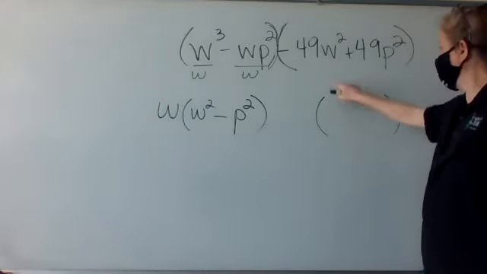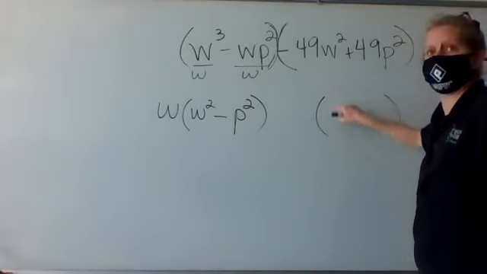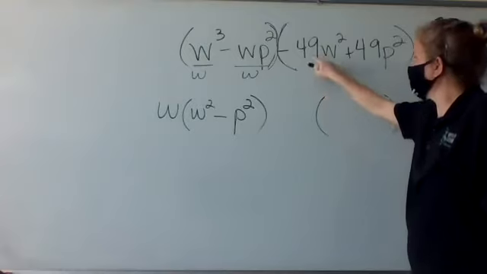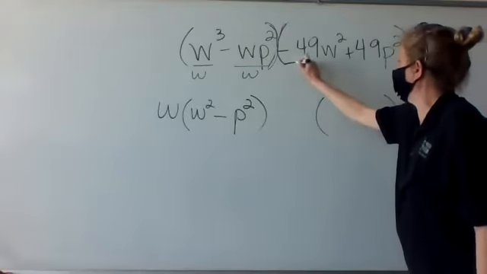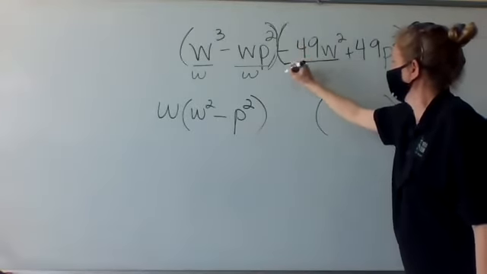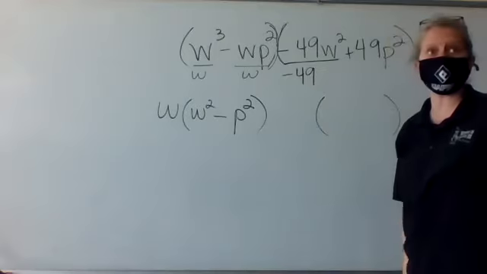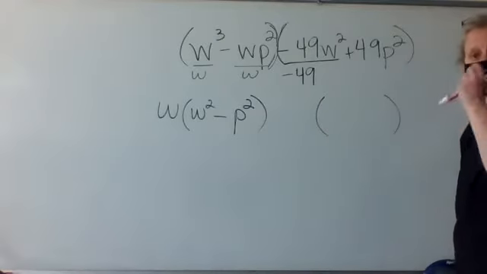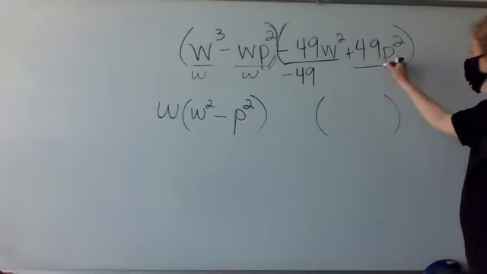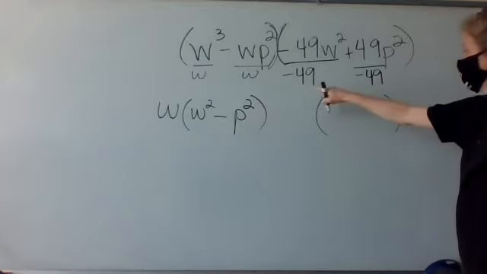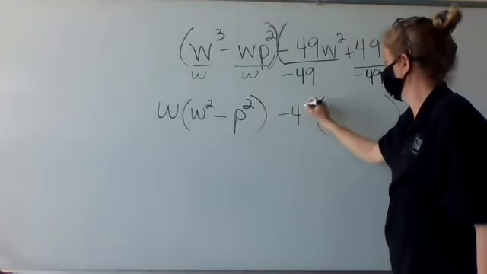So if I'm going to want W squared to be the first thing here, what am I going to have to divide this by? I need all this to go away. So I'm going to have to cancel it by dividing by negative 49. Which means that's what I'm pulling out.